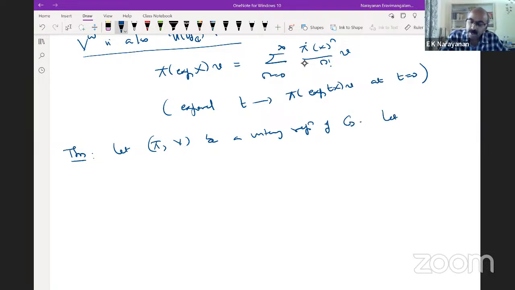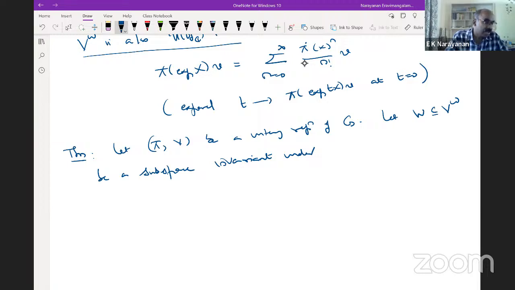Let W contained in V omega. So we are looking at analytic vectors and look at a W which is a subspace invariant under pi dot of x, x in the Lie algebra of G. Okay, and so it will be invariant under the UGC action, right?